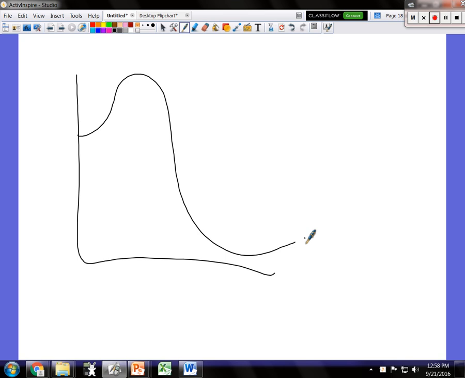What type? This is exo. The reason why it is exo is because this is the amount of energy and this is time. So, do you end with more or less than you began with?